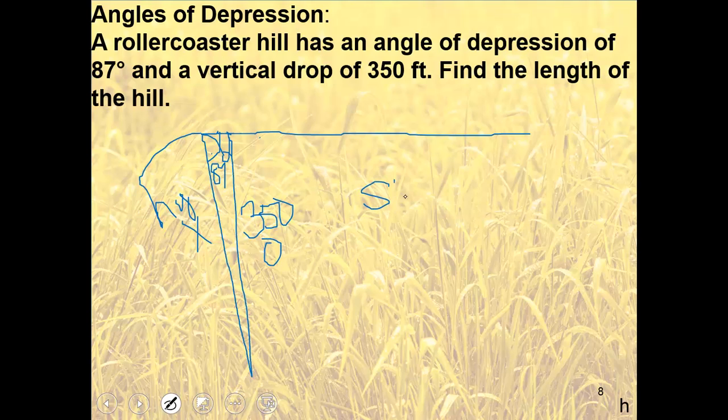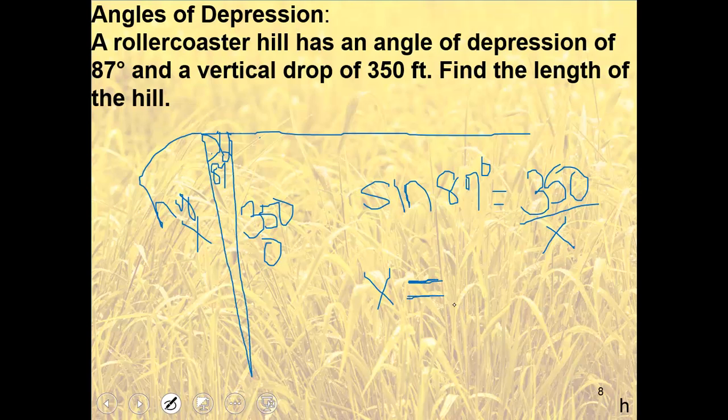So I'm going to use sine of 87 degrees is equal to 350 over x. So x is going to have to equal, multiply both sides by x, divide by sine of 87. So I get 350 over the sine of 87. And that comes out to like 350.